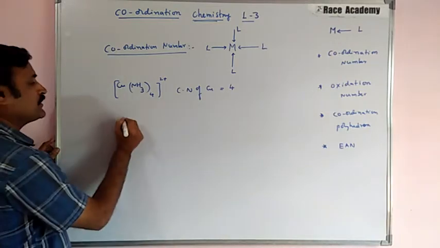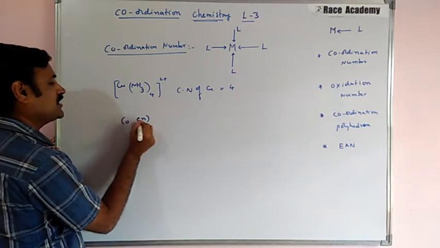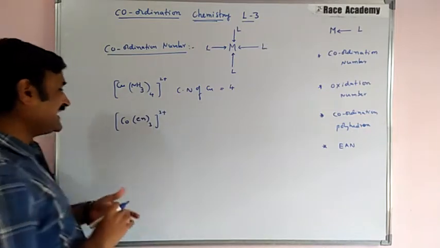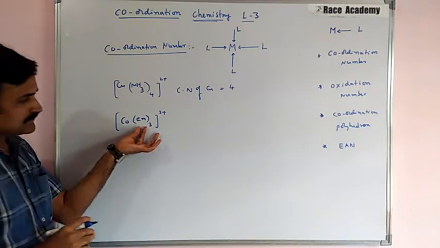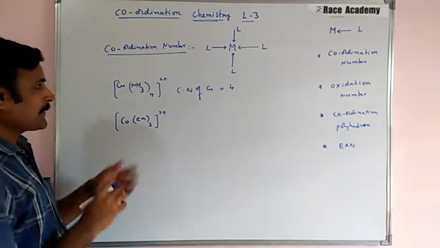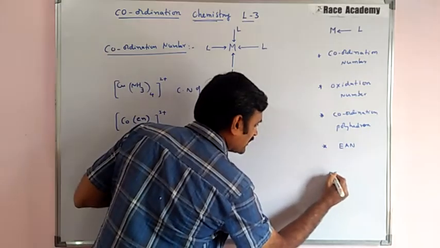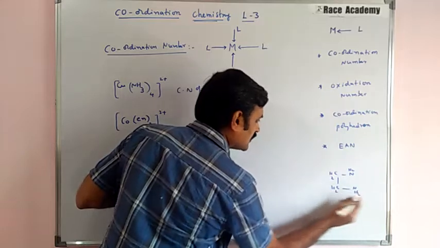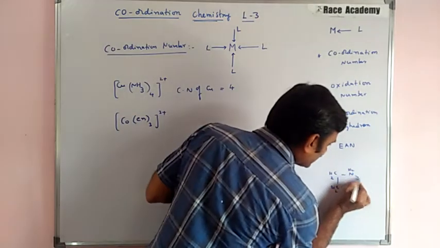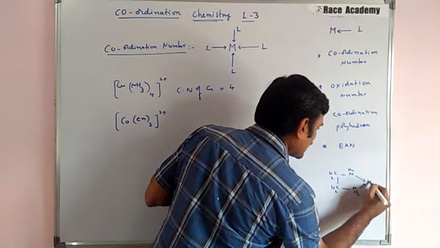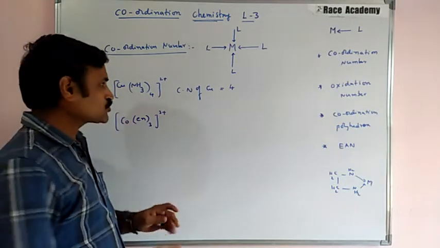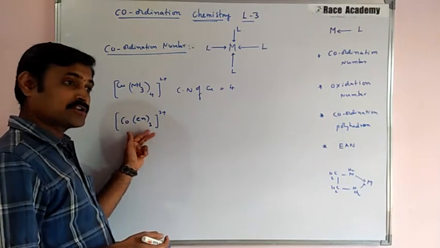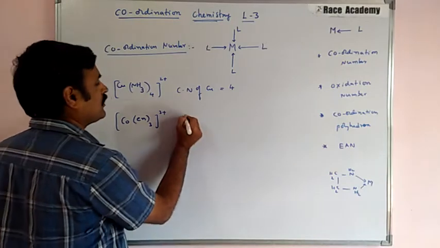One more example: take [Co(EN)3]3+. Here EN is a bidentate ligand, so we have to be very careful. Such ligands have two donor atoms, so one ligand contributes two to the coordination number. The number of bidentate ligands multiplied by 2 is the coordination number of this complex.